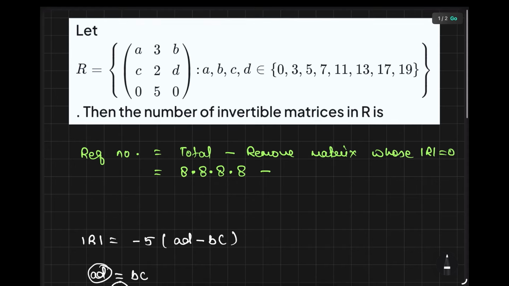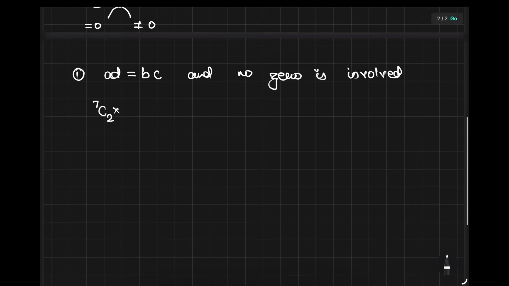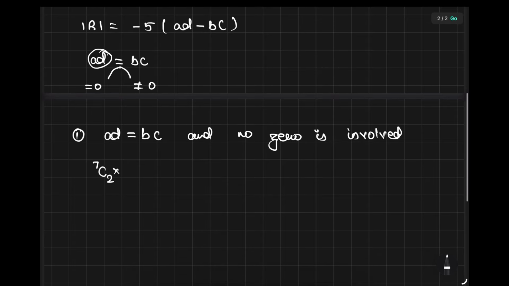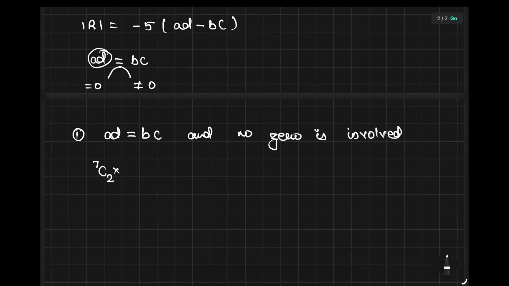Suppose we have considered 3 and 5. By how many ways can you write down 3 and 5? Suppose I give A 3 and D 5. Can I go with this 3, 5? Can I go with this 5, 3? Means B is taking this, C is taking this.